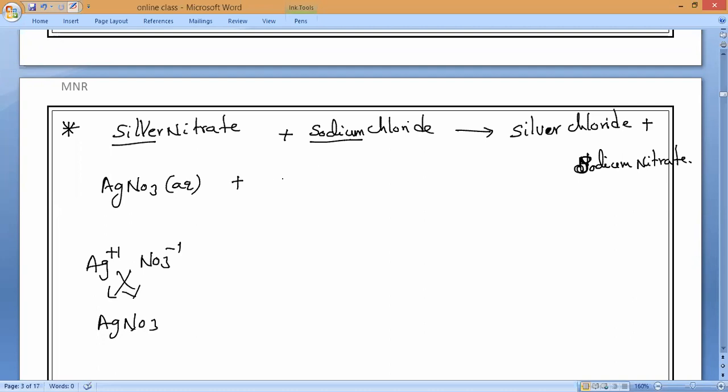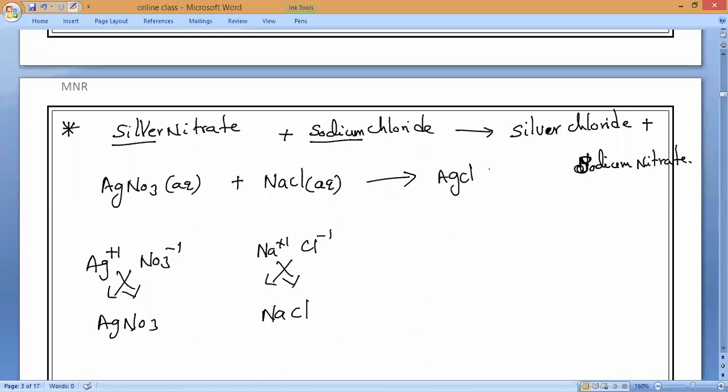Reacting with sodium chloride, formula NaCl, also in aqueous state, Na plus, Cl minus. Now the product AgCl, a precipitate.